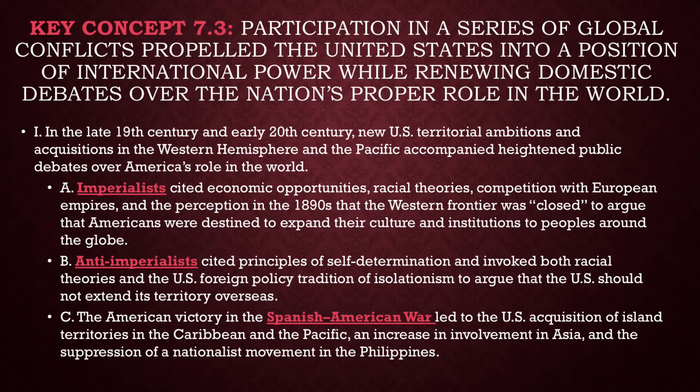Again, progressivism within the country over the nation's proper role in the world. Progressivism, I'm going to show you, will eventually shape how the United States deals with the world when we get to World War I, and especially as it happens in World War II, both of which are covered in period 7. But here we get the idea now.